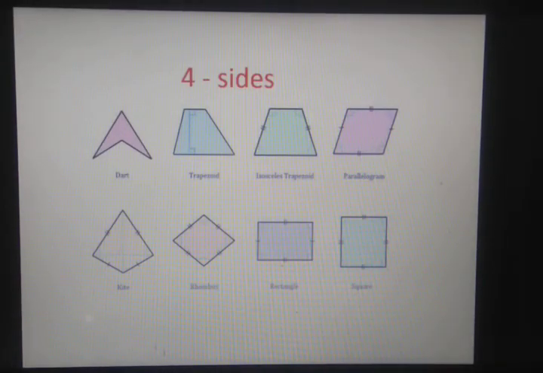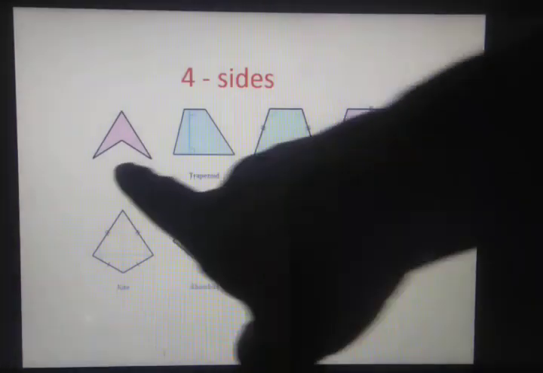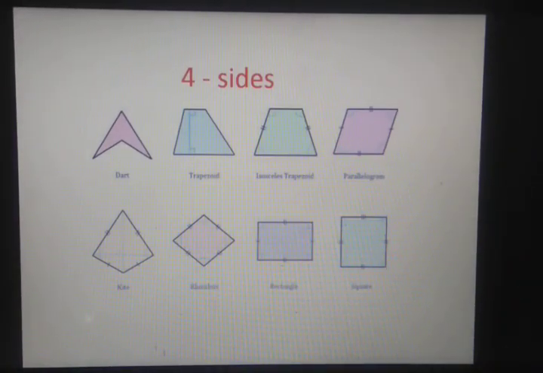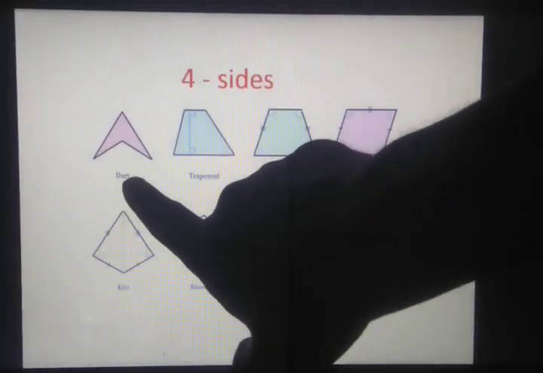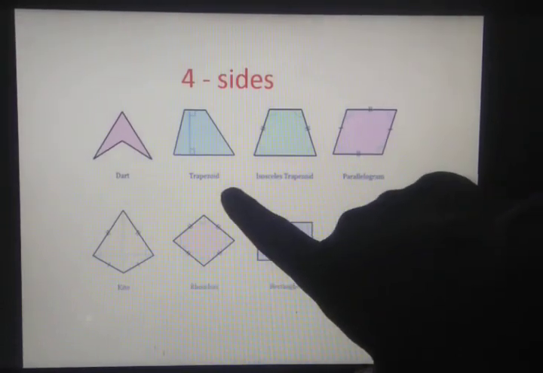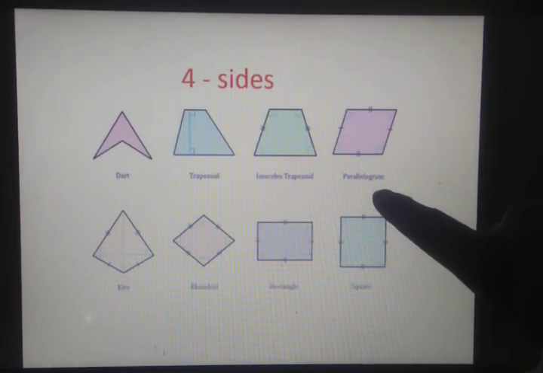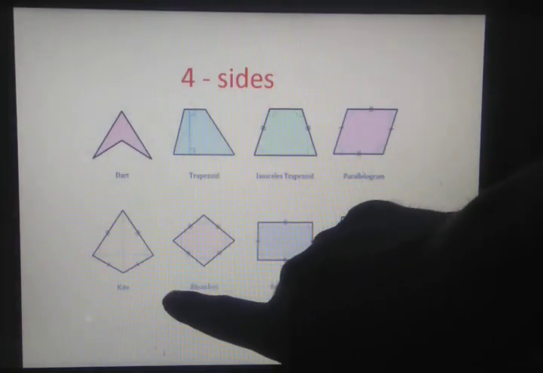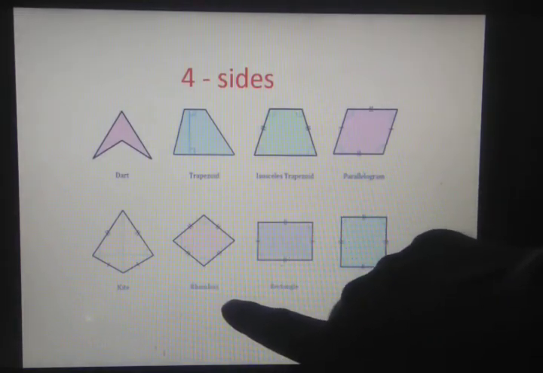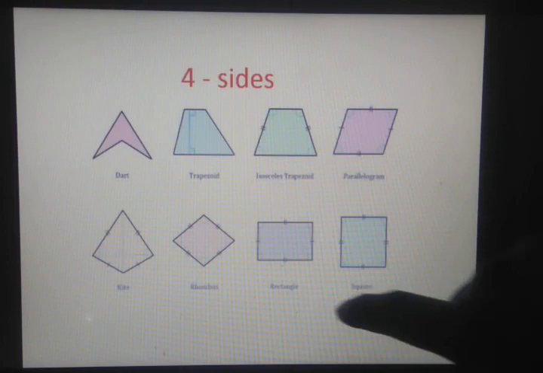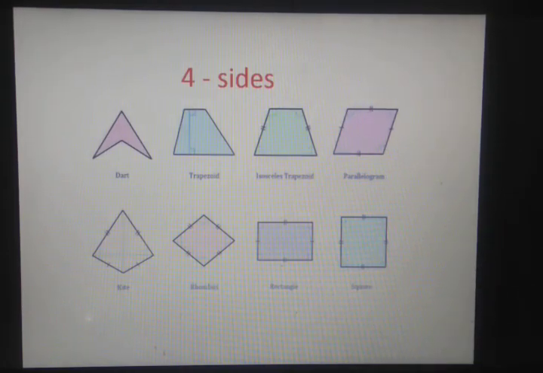With 4 sides, we can make this many shapes. First one is this, second is trapezoid, third is isosceles trapezoid, parallelogram, kite, rhombus, rectangle, square. You can make as many as these with 4 sides.